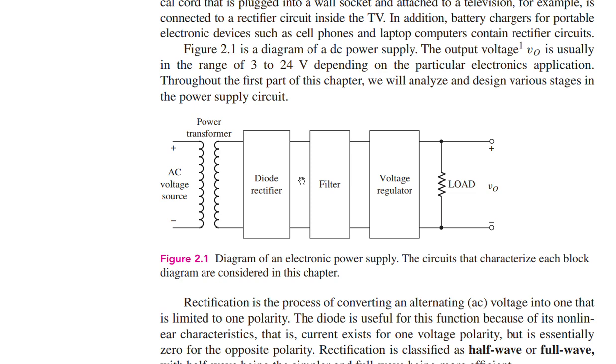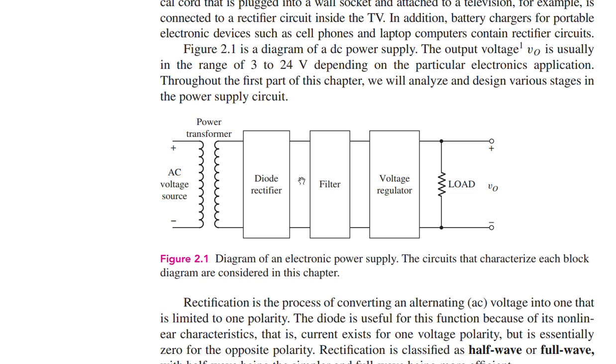Then the output signal at the output of the rectifier will be a pulsating DC signal whose DC value or average value is non-zero. It can be positive or negative, depending again on the way the diode is connected. But this signal has a non-zero DC value, but the ripple in the DC voltage is large. The way the output voltage varies is large.